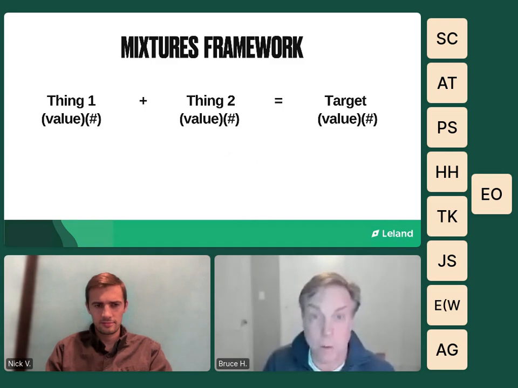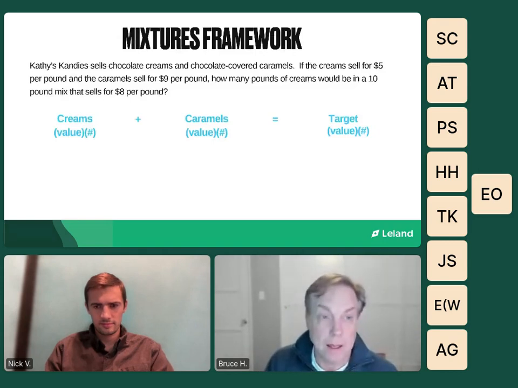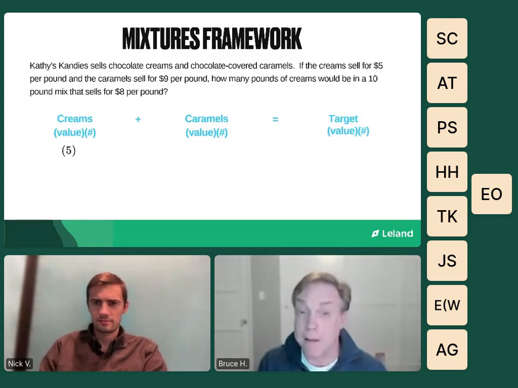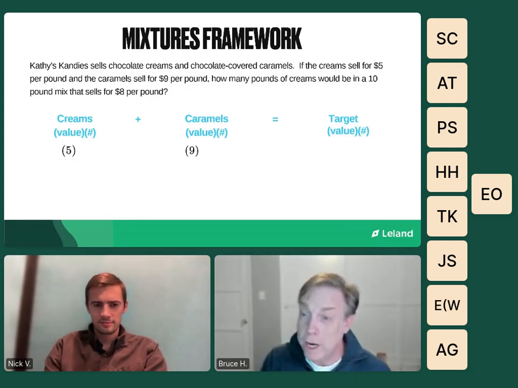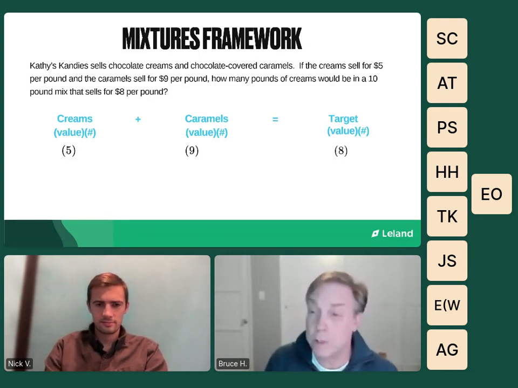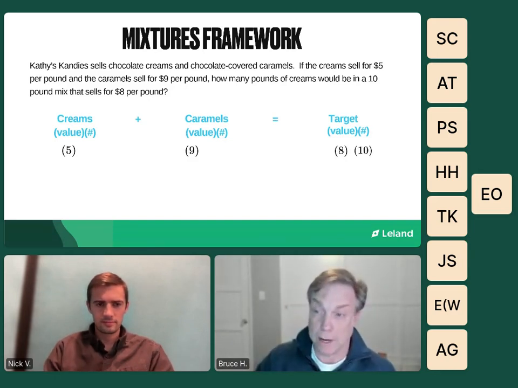And let's see how it would work in the Kathy's Candies example here. So we know that the value of the creams is $5 a pound. We know the caramels are $9 a pound. We know the total value that we're shooting for is $8 a pound. We also know the number of things we're going to have. We want 10 pounds after all is said and done.